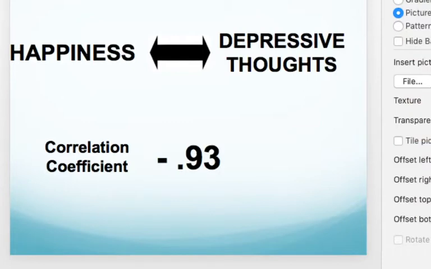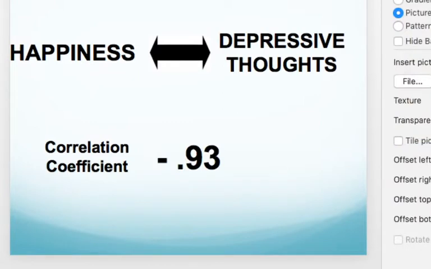Pero alam nyo, iba pa yung basa ng correlation coefficient if you see the correlation coefficient to be negative. Ibig sabihin kasi ng negative correlation coefficient, the relationship is inverse. Inverse yung relationship between happiness and depressive thoughts. Meaning, going back to the slide, the happier you are, the lower your depressive thoughts is.